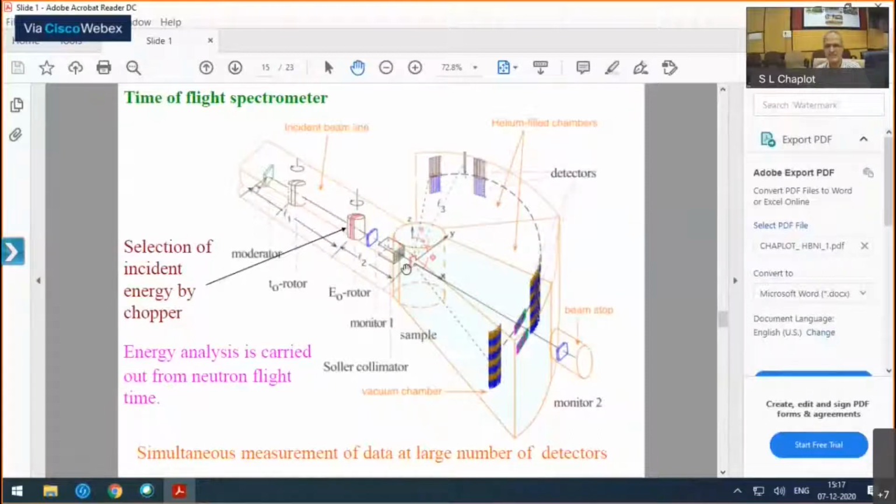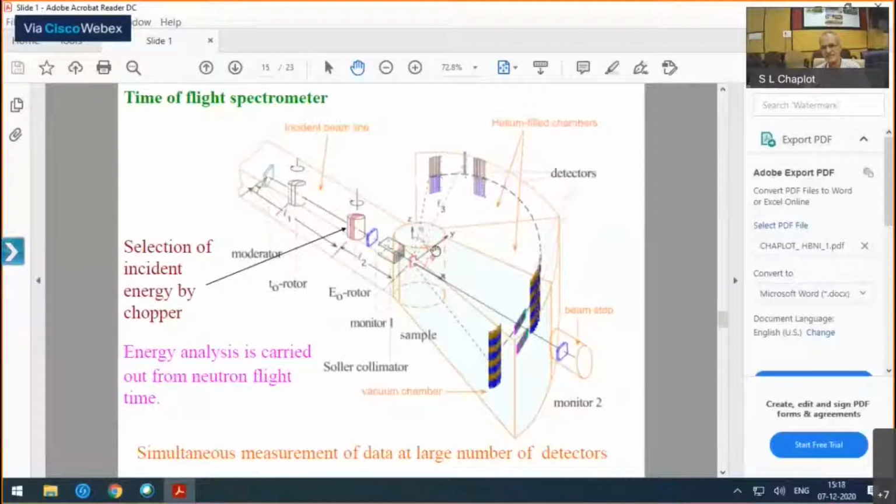On the scattering side, from the sample in the time-of-flight spectrometer, you wish to cover a large range of the solid angle, and therefore a large number of detectors are placed over a large semicircle. These are vertical, position sensitive type of detectors.